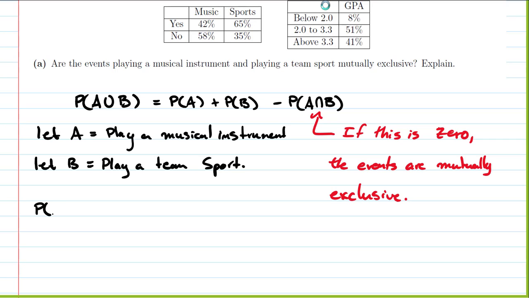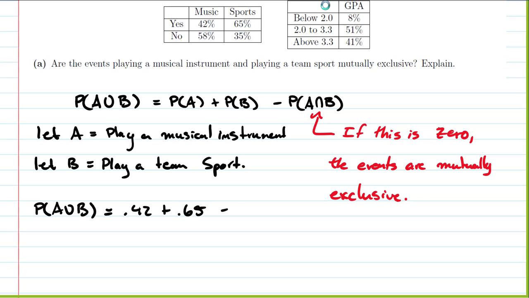So then the probability of A union B is equal to the probability of A. And what's A? A is playing a musical instrument. So what's the probability that they would play a musical instrument? 42%, so 0.42. Plus, what's the probability that they play a sport?